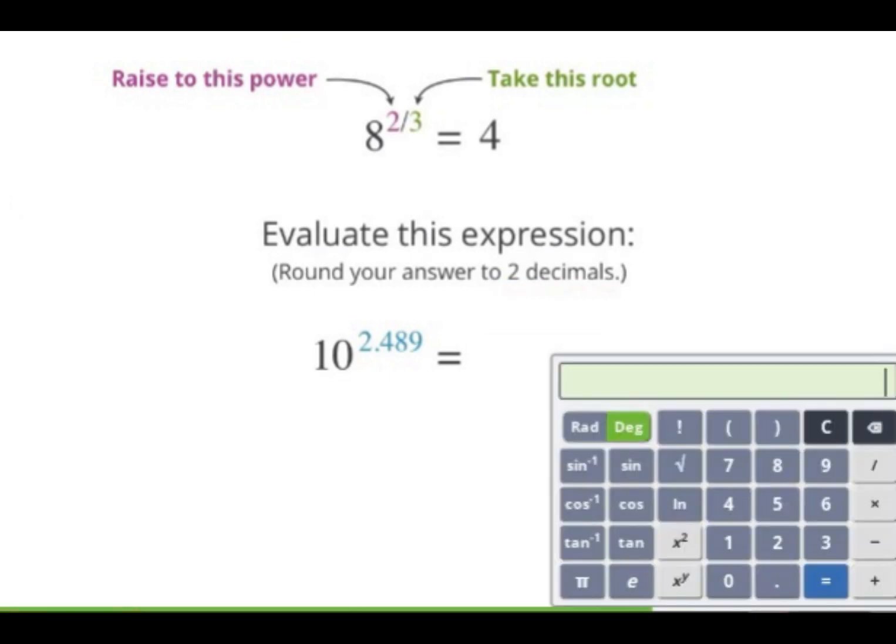Let's open up our calculator and type in 10 raised to the 2.489. That's about 308.32, so 10 raised to the 2.489 is about 308.32.